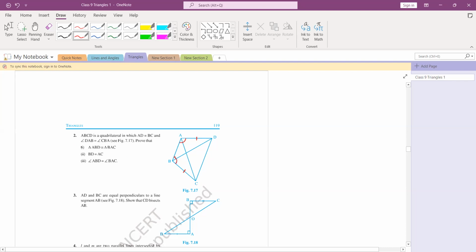You have to prove first that triangle ABD is congruent to triangle BAC. We'll look carefully at which is triangle ABD. ABD, this triangle. And BAC, this one. These two triangles. I'm just rubbing them, I just wanted to highlight.